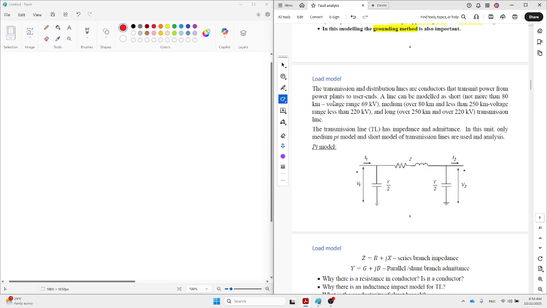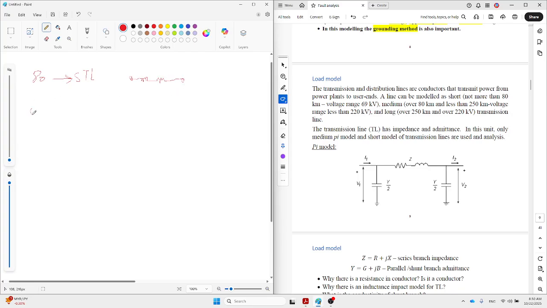Okay, the next one I have to talk about is transmission line modeling. We have three different models of transmission line. For the short transmission line, which is less than 80 kilometers, the model is only one R and L. That's all, finished.